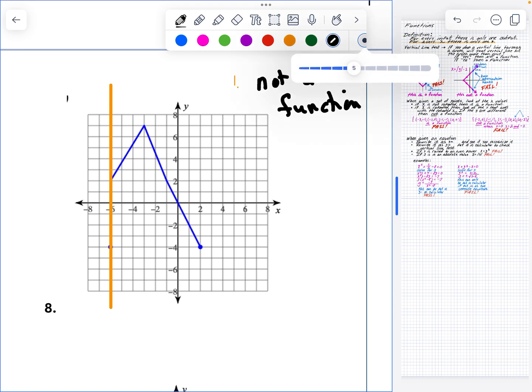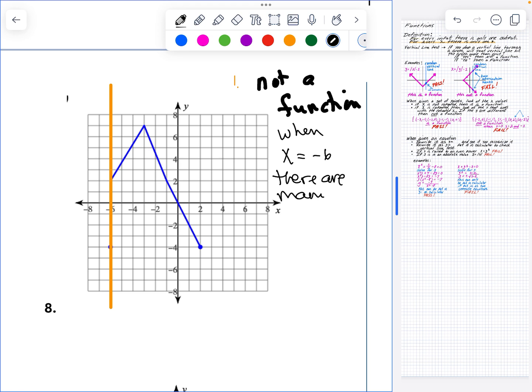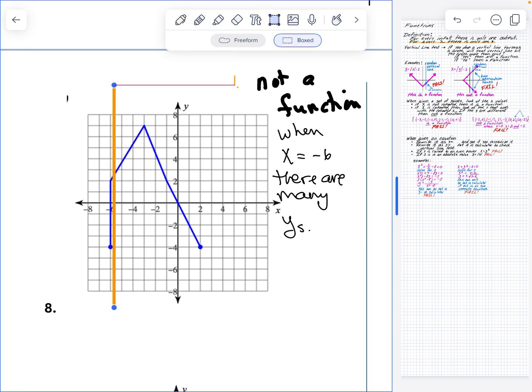The reason it is not a function is because when x equals -6, there are many y's. If you look at it, let me move this ever so slightly out of the way. At -6, we have points.